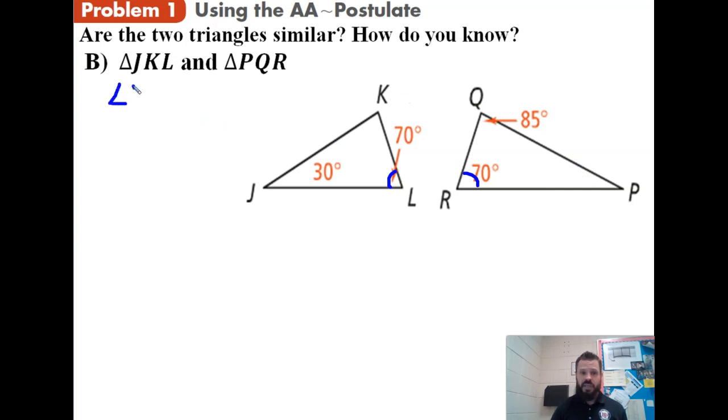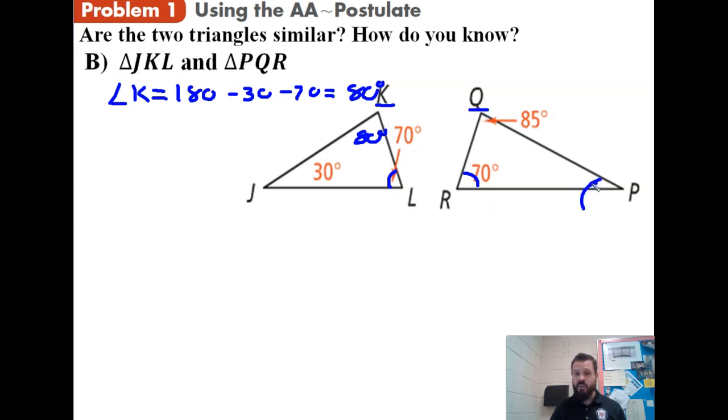We could say that angle K is equal to 180 for the total of a triangle. We know the angles always add to 180, minus 30, minus 70. And when I do that, I end up with 80 degrees. So what I can see here is that K and Q are not congruent.